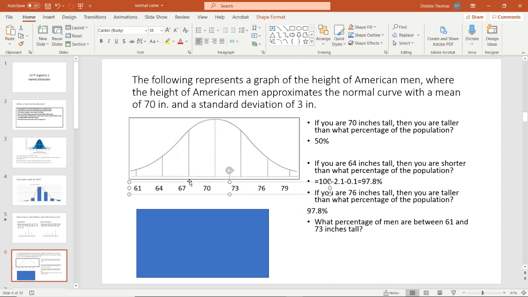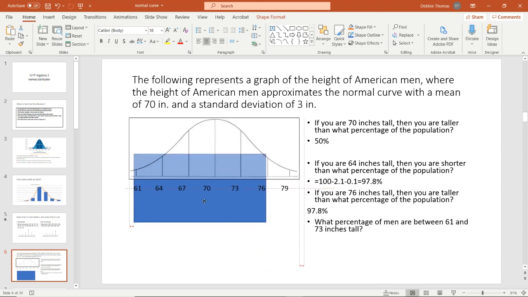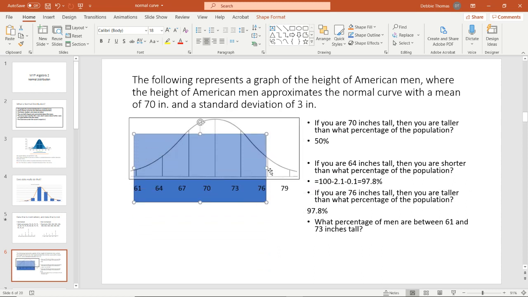There we go, 61. So we're looking between 61 and 73. Oh, look, it worked, nice. So this time I'm talking between my 61 and my 73, so between my -3 and my +1.